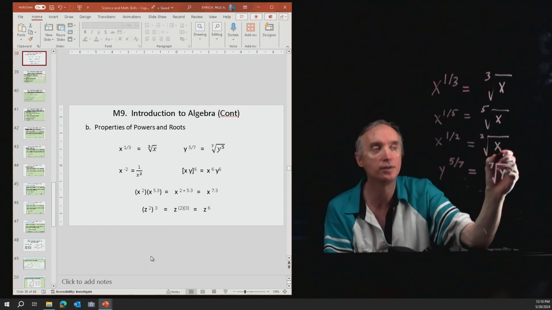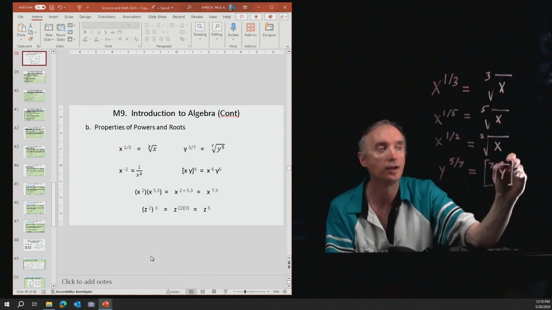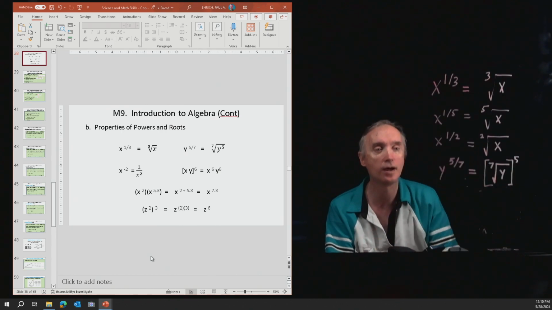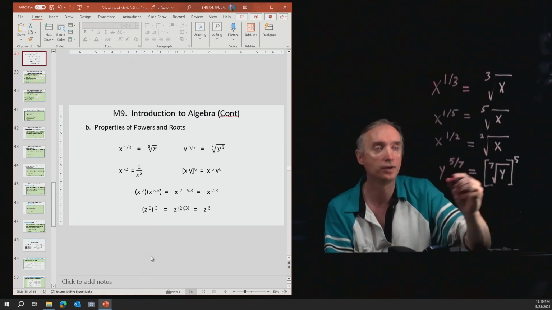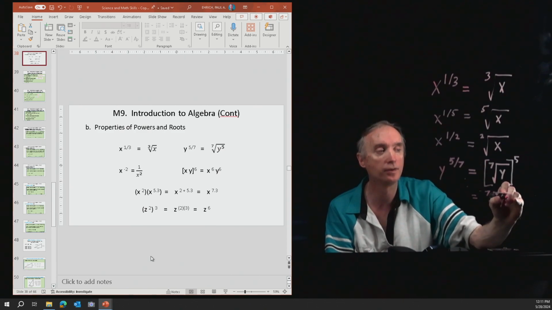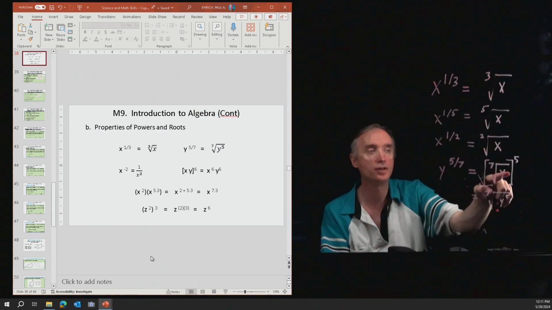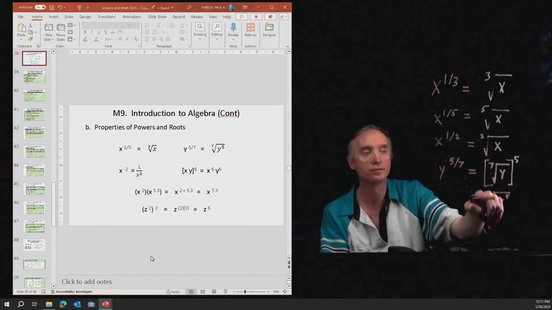So that is going to be the same thing as taking the whole thing and raising it to the 5th power, or taking the 7th root of y and then raising it to the 5th power. So both of these are equivalent to each other.